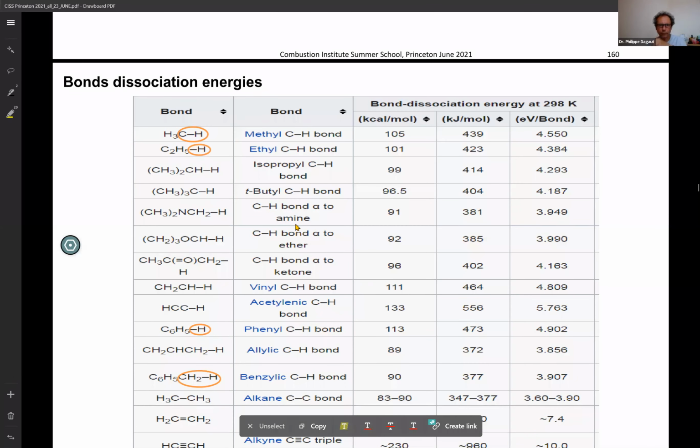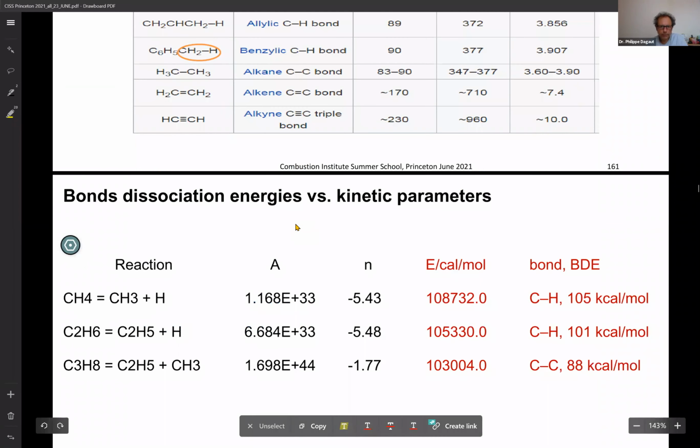And now if we have a look at the bond dissociation energy and the activation energy of some of the processes here, decomposition of methane giving CH3 plus H, you can see that it's in the same range. Similarly for the decomposition of ethane and decomposition of propane.